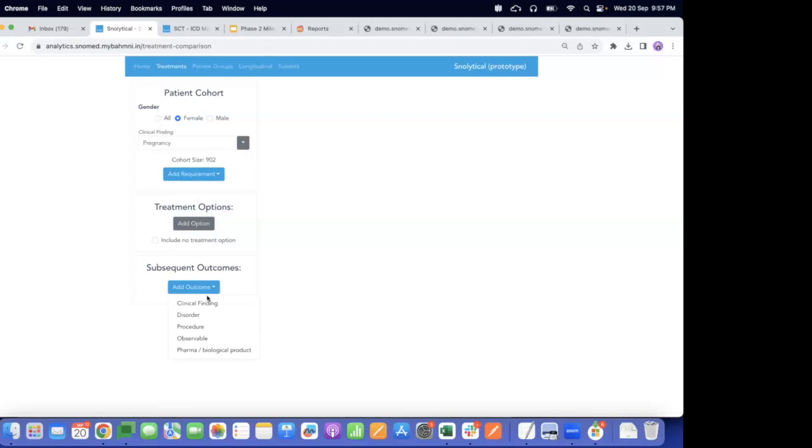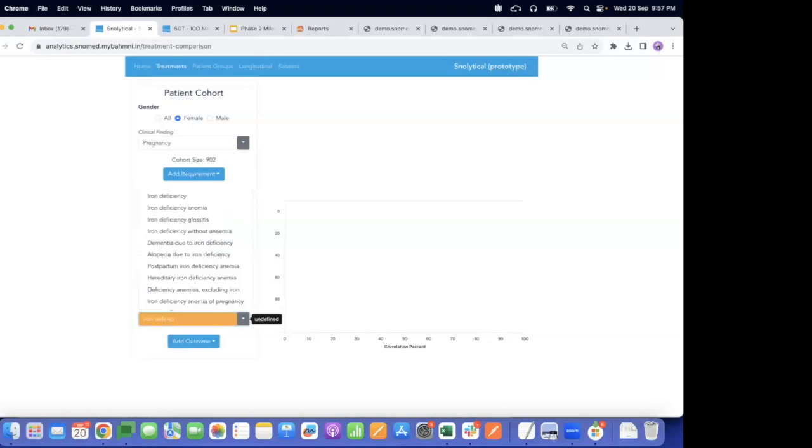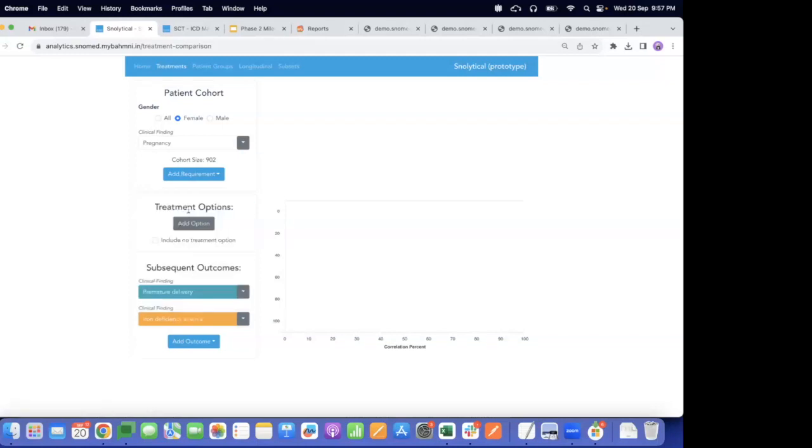So let's add those outcomes here. The other one is, let's say, iron deficiency.